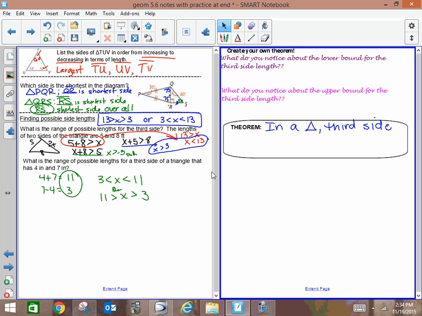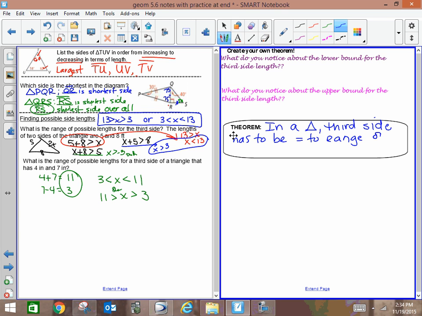That's beautiful. Get the sum, get the difference. I like it. It's compact. All right, say it again, Maggie. In a triangle, the third side has to be equal to the range of the sum and difference.